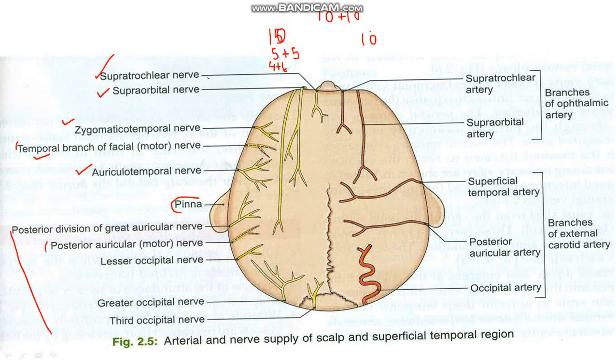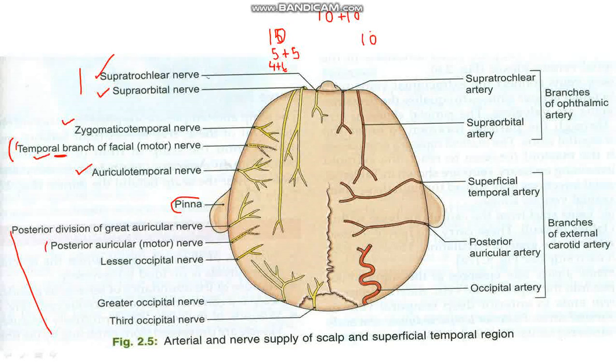Out of these 5, one is motor: the temporal branch is motor, and the other 4 are sensory. The temporal branch comes from the facial nerve, whereas the supratrochlear, supraorbital, zygomaticotemporal and auriculotemporal nerves come from the trigeminal nerve.